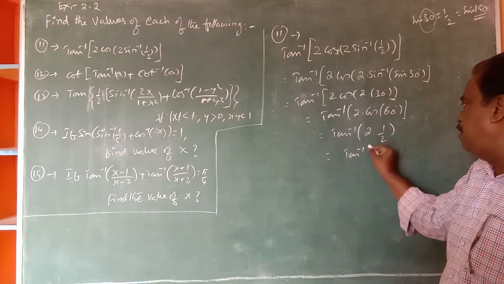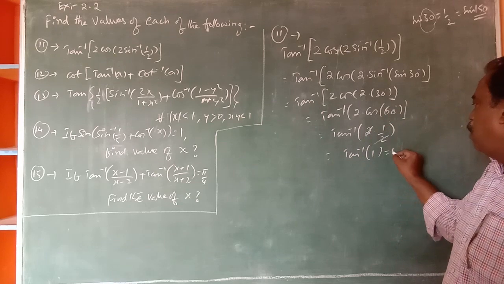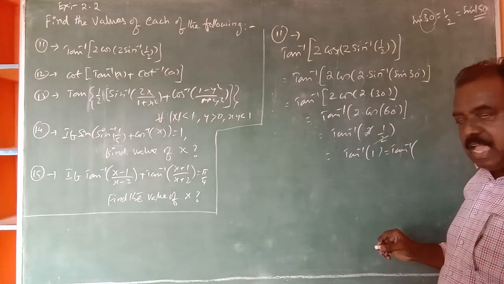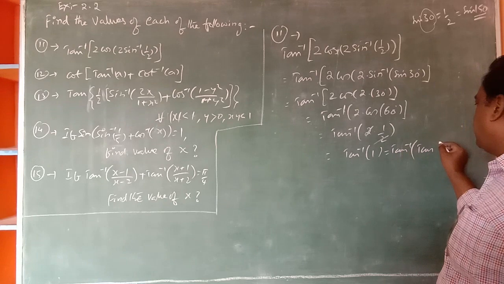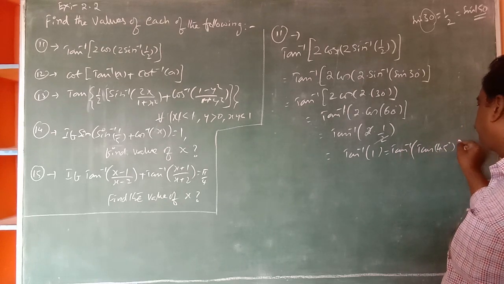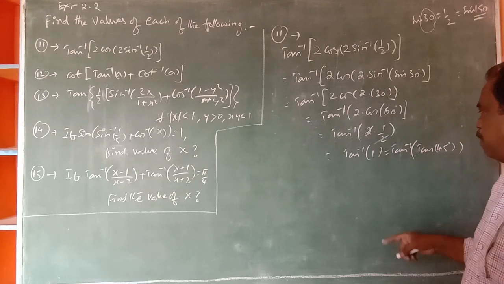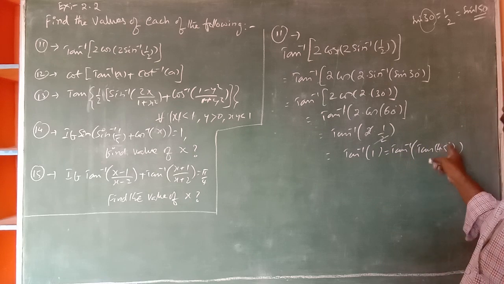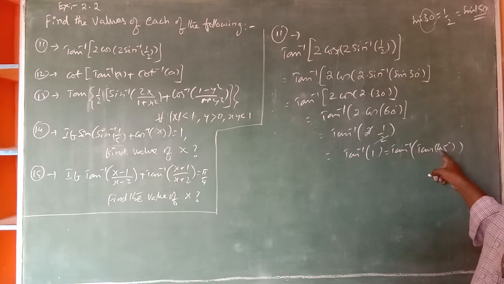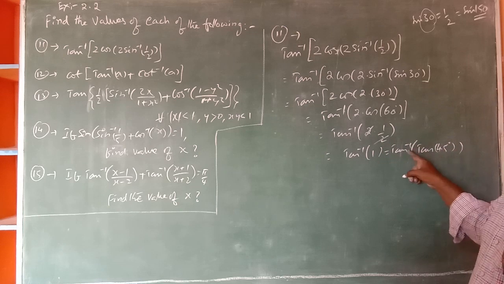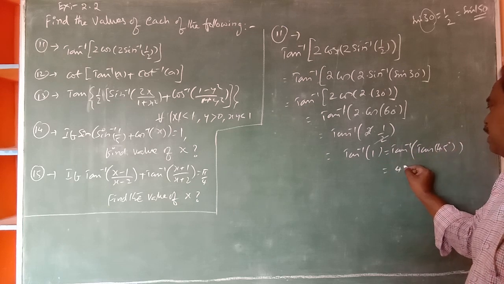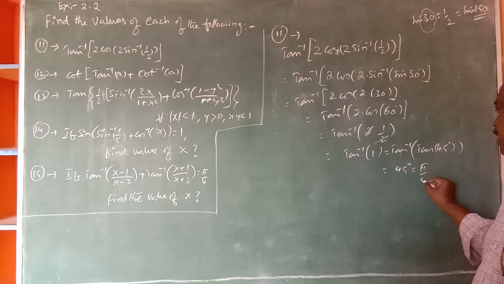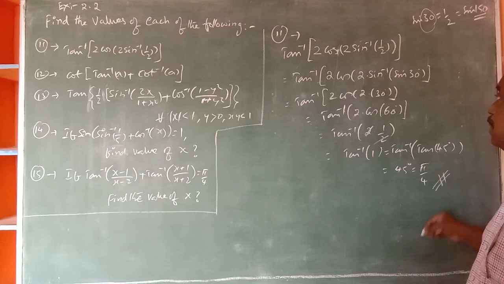So it is tan inverse 1, so 2 cancels. 1 in case of tan inverse is tan 45 degrees. Not 225. Don't confuse. Tan 45 is 1, the very first value you have to take. Tan inverse tan cancels, we get 45 degrees, that is in radians pi by 4. Is it clear?